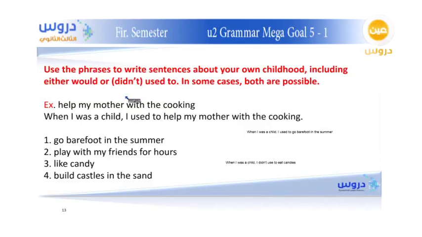So here you have it: when I was a child, I didn't use to eat candies. So we also made another example with didn't, a negative adding to it used to.